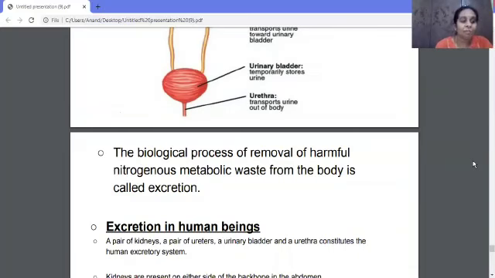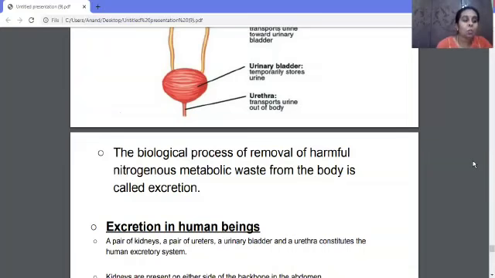And apart from that, water, salt, and nitrogenous substances such as ammonia, urea, uric acid, all these are the waste which is produced by the human beings. So these wastes are harmful, toxic, and need to be thrown out from the body. This process of removal of harmful nitrogenous metabolic waste from the body, we call it excretion.